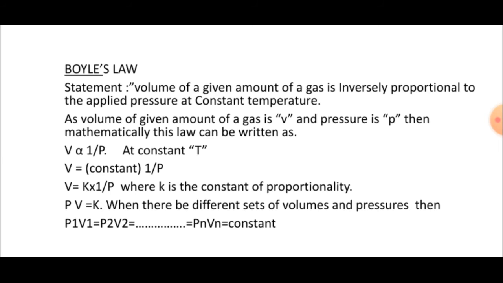PV is equal to k. When there are different sets of volume and pressure, then P1V1 is equal to P2V2 is equal to P3V3 is equal to PnVn is equal to constant.